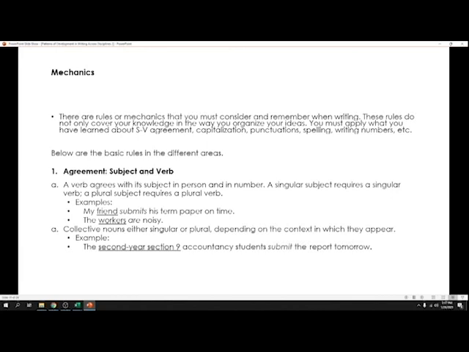So, example, my friend submits his term paper on time. So, yung friend na naka-underline dyan, it is singular. So, singular man ang subject mo, the word submits there is your verb. So, you need to have it in singular form.